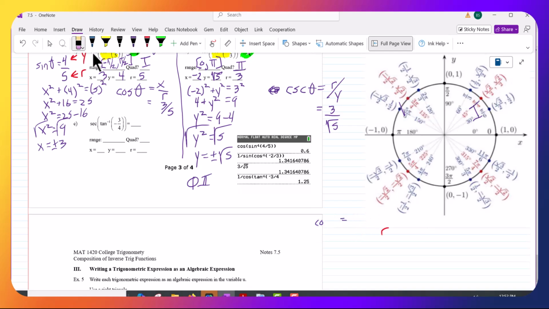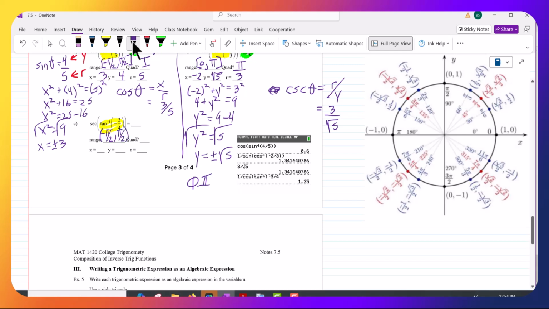All right, so now let's do one more like this. With this one, we're going to look at the inner function, which is inverse tangent of negative 3/4. The range of an inverse tangent is negative pi over 2 to pi over 2.